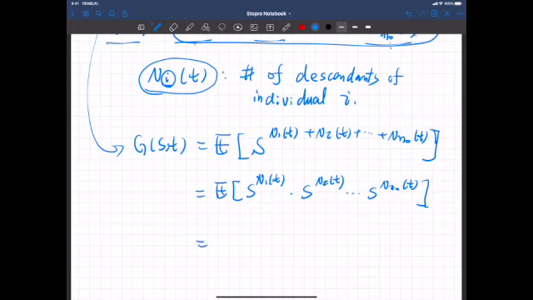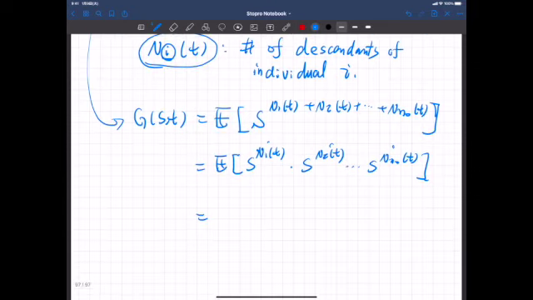Each of these is independent from the others, so we can split this expectation value of the product into the product of expectation values. This is possible because these are all independent.